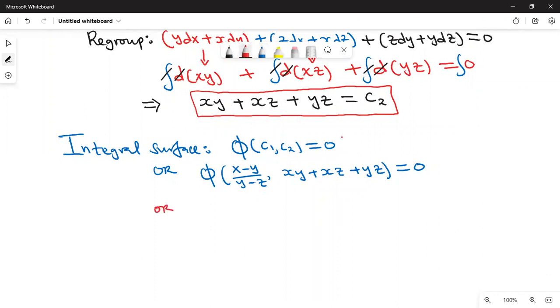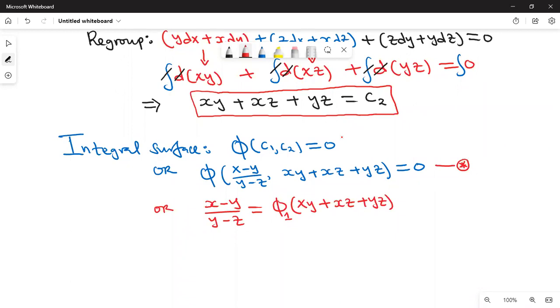You can decide to factor out any of those parameters. I could factor out the first parameter so that I have (x minus y) over (y minus z) is equal to, let's call it phi 1 of xy plus xz plus yz. That's another way of writing our integral surface, which I'm calling star.